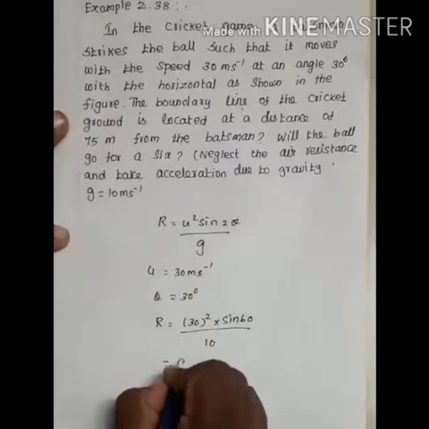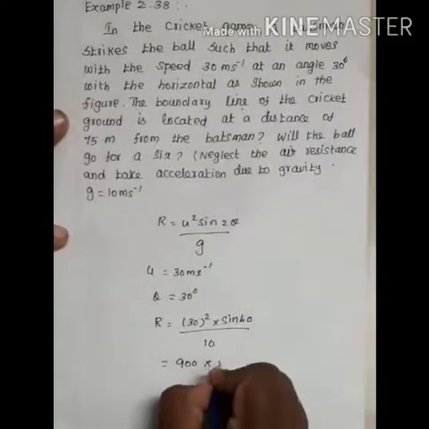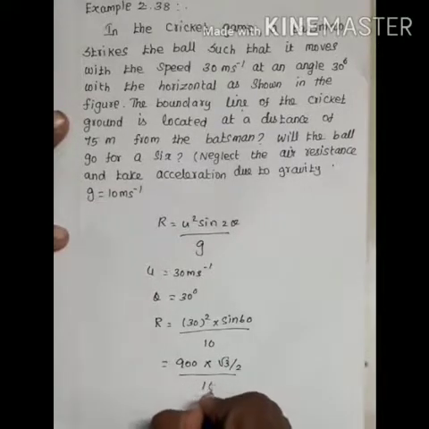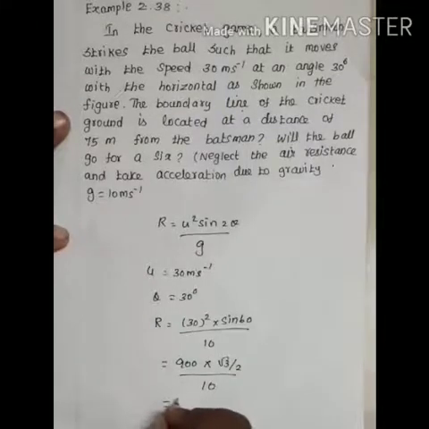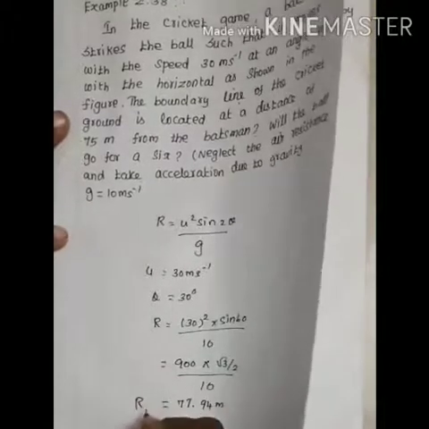Therefore 900 into sin 60, whose value is root 3 by 2, by 10. Simplify this equation, the value is equal to 77.94 meter.